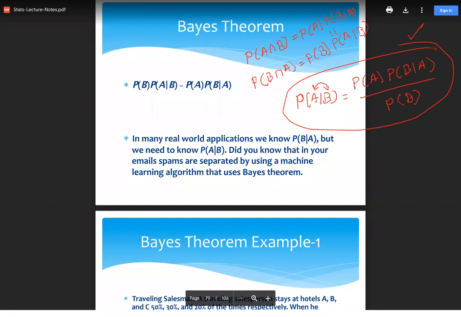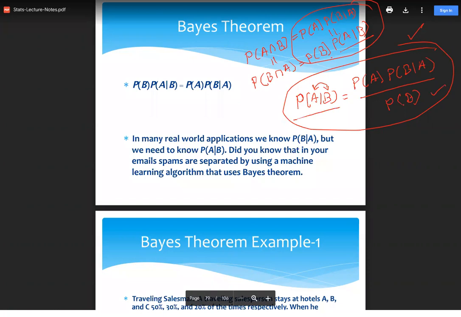Then I make these 2 equal, and of course these 2 are equal. And from these 2, by dividing both sides by the probability of B, I get the probability of A given B is the probability of A times the probability of B given A divided by the probability of B.